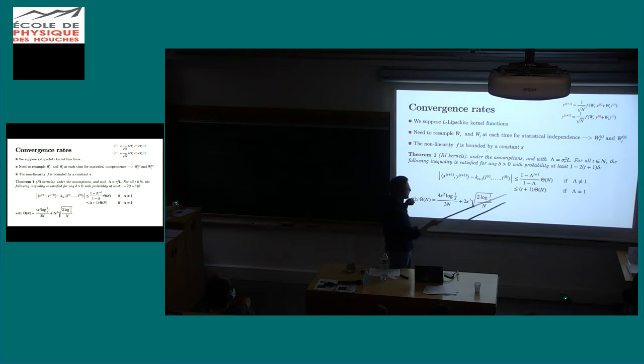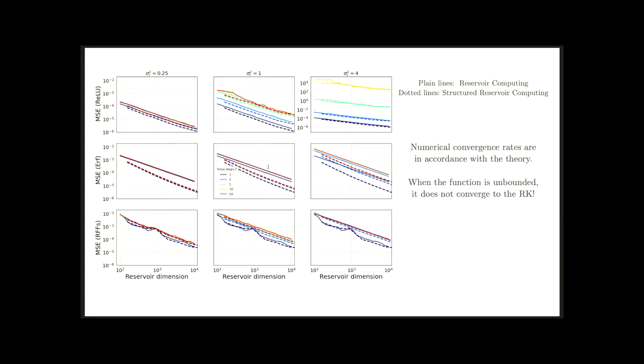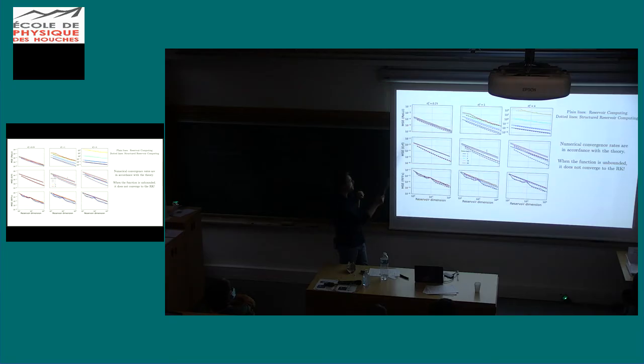And also there is an important parameter, lambda, which in fact is the variance of the reservoir random matrix times the Lipschitz constant. And you have three regimes. If lambda is smaller than 1, then you converge at all times. If lambda is equal to 1, it's a linear growth of the bound, and it diverges when lambda is greater than 1. And here we have the convergence rate, which shows that in practice reservoir computing converges towards the recurrent kernel.